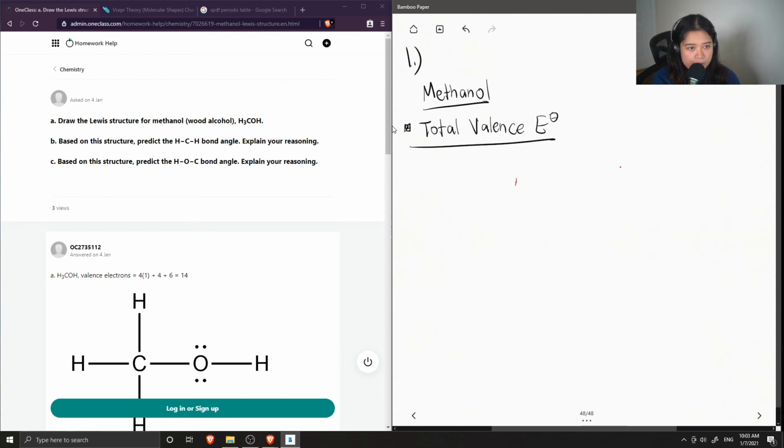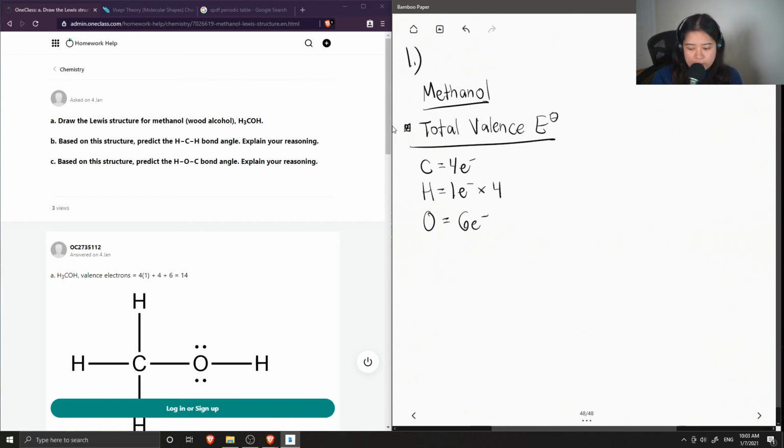So there is 1 carbon, which contains 4 valence electrons. There are 4 hydrogens, each with 1 valence electron. And finally, oxygen, which has 6.